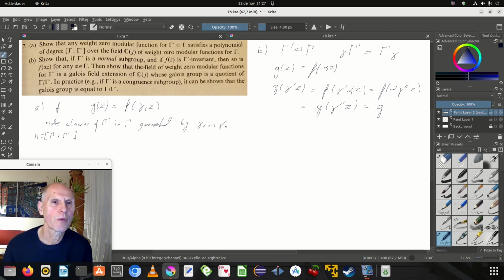Now the premise is that f is gamma mark invariant, and we shall show that it holds for G. But already here we can use that f is gamma mark invariant. Oh, we don't even need that.